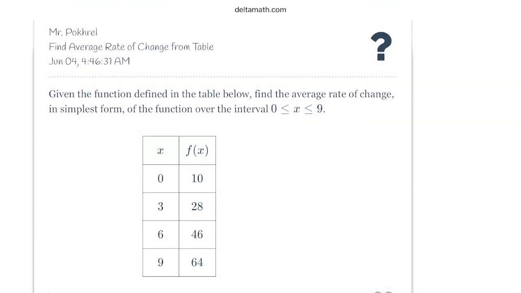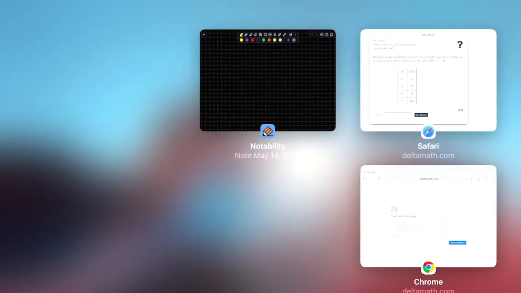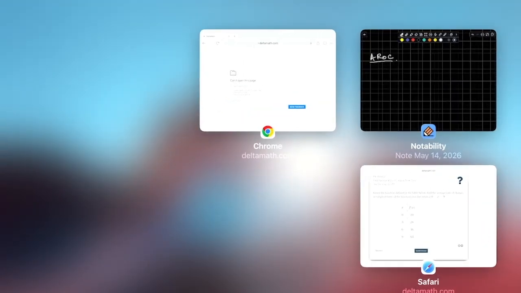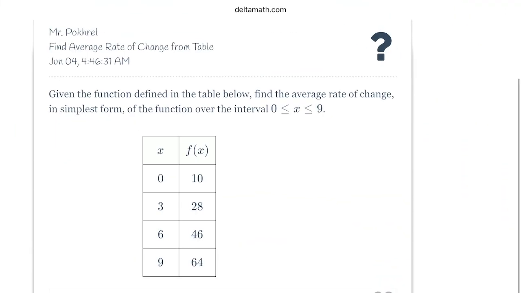For the average rate of change, first we need a device to write with, and then let me open that. So we are interested in finding the average rate of change in the interval 0 and 9.